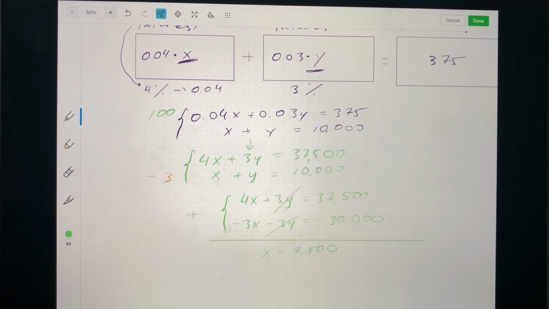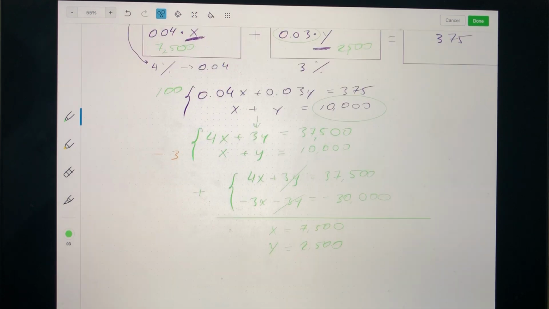And so that tells us that this x here is 7,500. So we invested 7,500 into the 4% account. Since the total is 10,000, how much is left over? Well, there is only 2,500 left over to make 10,000. So we know now that we have put 2,500 into the account that pays 3%.